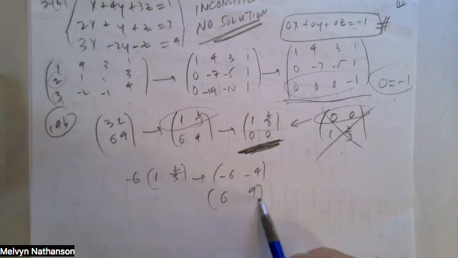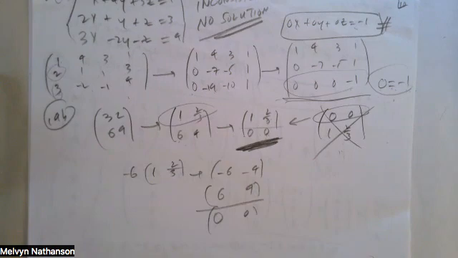If I add that to the second row, I get 0, 0. Okay. Shouldn't it be minus 6? Wait. Oh, never mind.